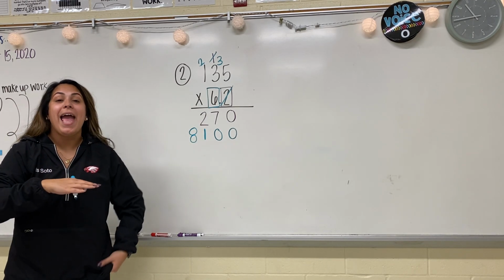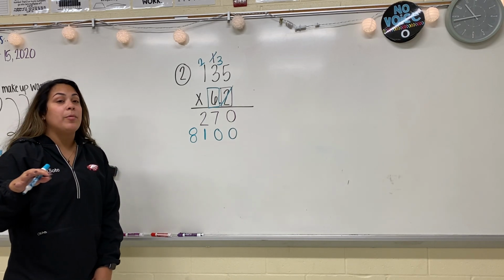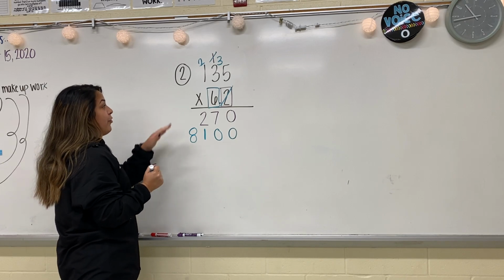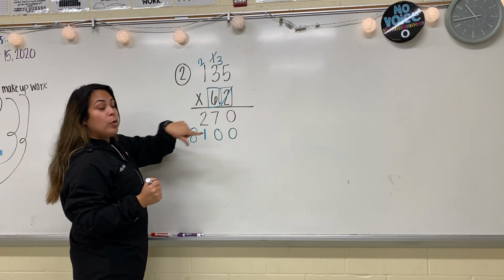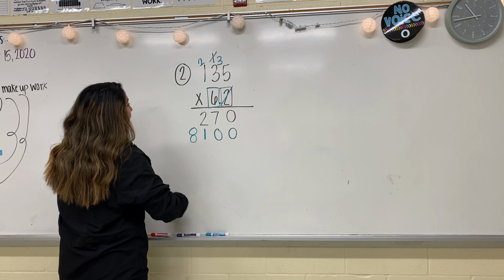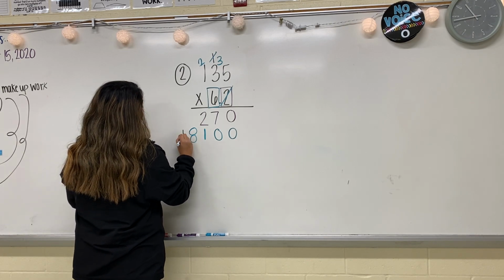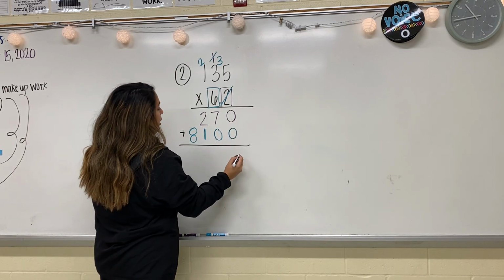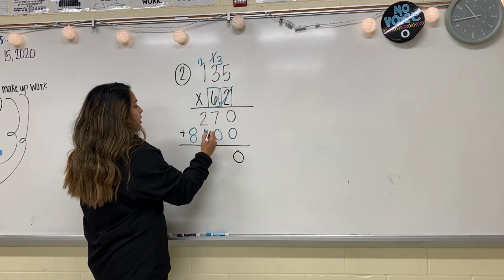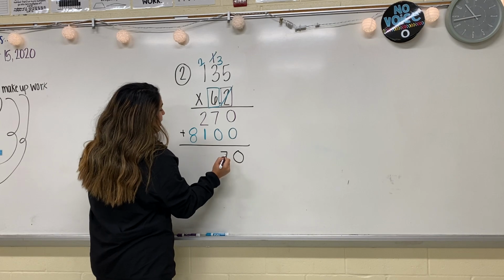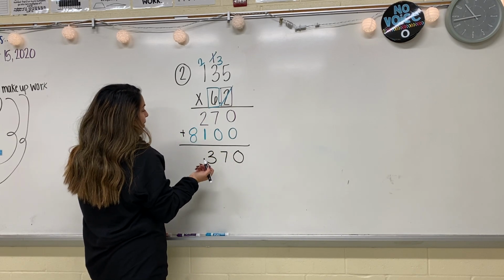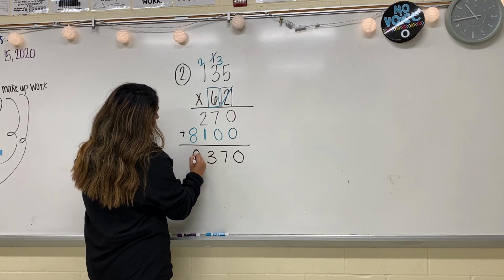I don't have any other numbers that need to be multiplied by 6, so I am done solving for each individual place value. So now I'm going to add the products together. 0 plus 0 is 0. 7 plus 0 is 7. 2 plus 1 is 3. And then 8 plus nothing is 8.